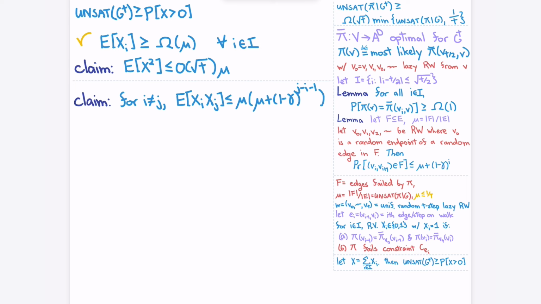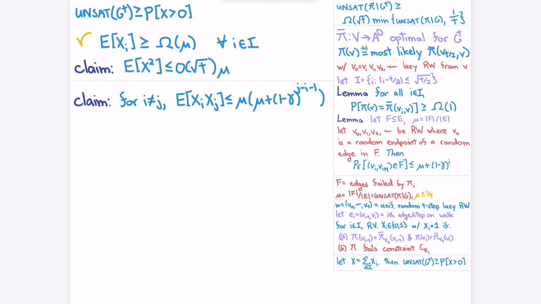Yeah, so we can generate this slightly differently. Instead of doing a random walk and looking at the ith and jth edges, we can start by sampling the ith edge first, and then walking j minus i steps, seeing if it's still in F, right? So you start with a point there, and then you randomly walk around. First the odds of getting in there is mu, that's the first mu.